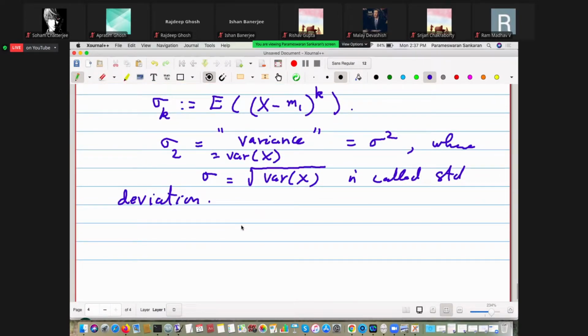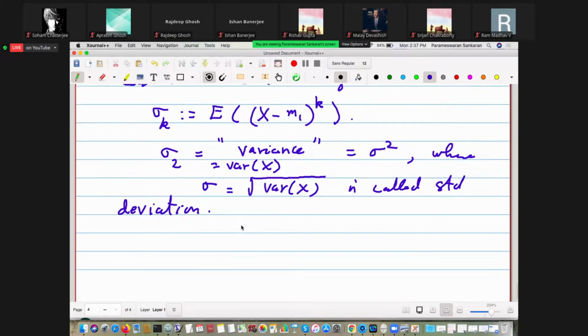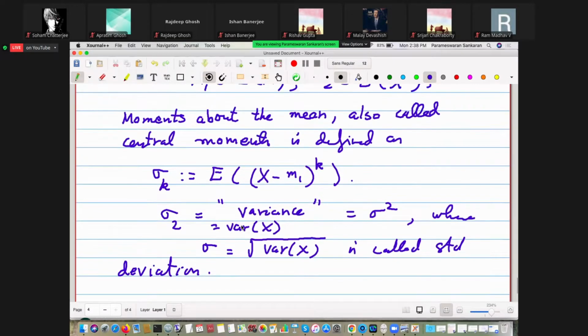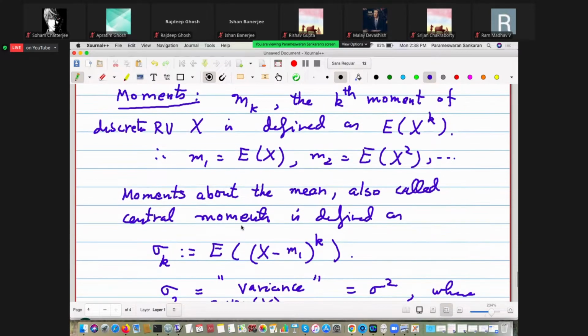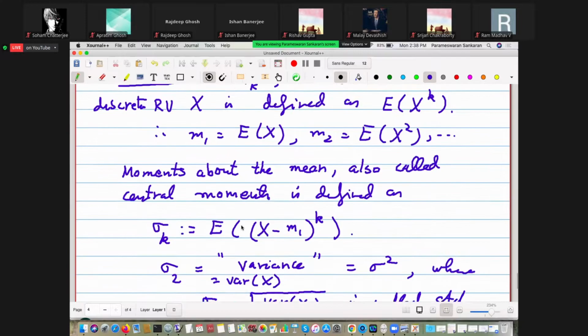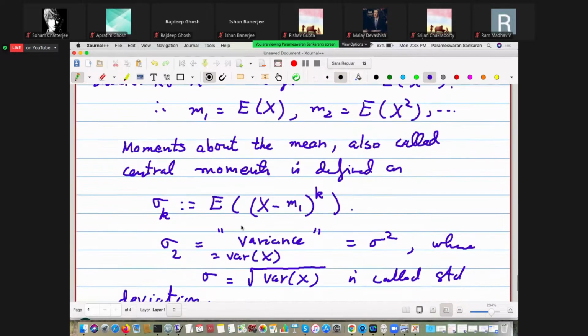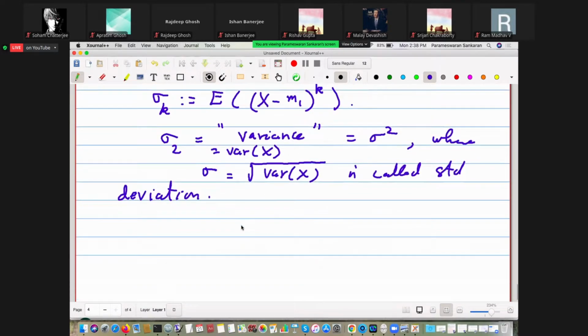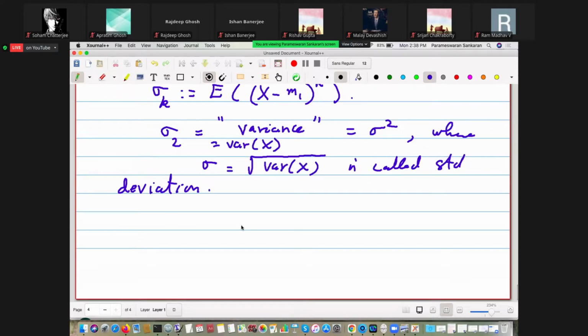So we will see in a few minutes that it is possible to write central moments, moments about the mean, in terms of the usual moments, how to rewrite it and so on. It's quite possible, and we will see that in a few minutes. But maybe one or two examples first.